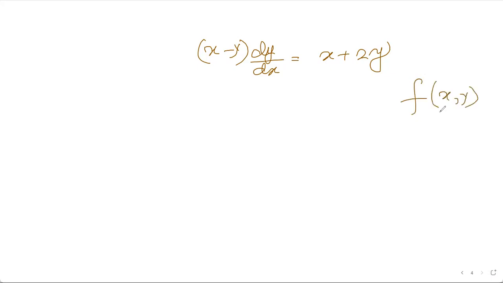It says (x minus y) dy by dx is equal to x plus 2y. What I'm observing is that it is in the form of two variables, and it is homogeneous because, for homogeneity, the degree of each term must be the same.